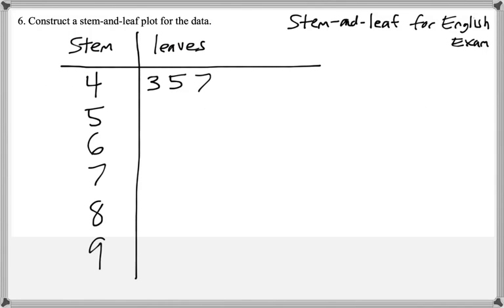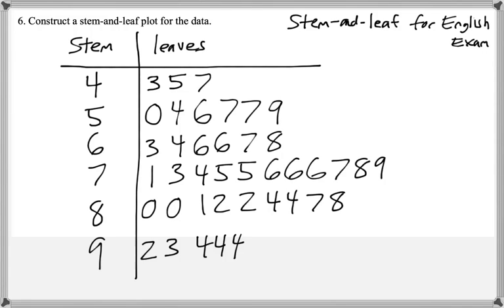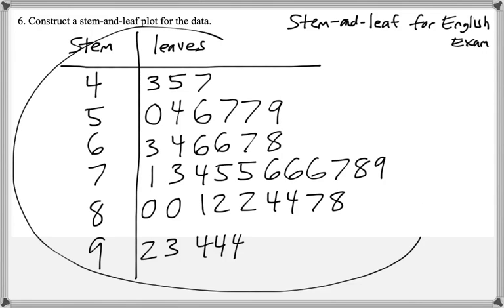So that's going to be 0, 4, 6, 7, 7, and 9. So now we just need to repeat this process for 6, 7, 8, and 9. And this is what our final answer will look like.